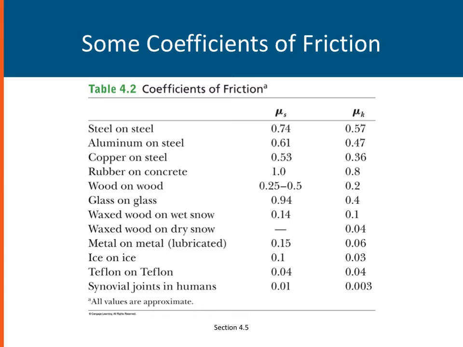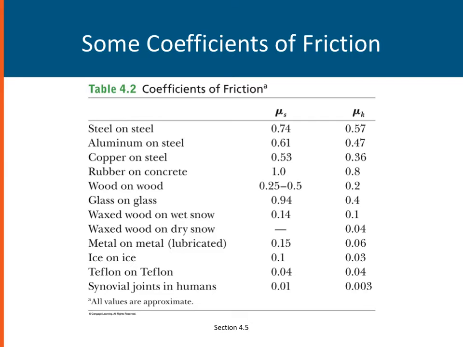Here's a table of a few different coefficients of both static and kinetic friction. And these tables are empirically derived. They're found through trials and trials and trials of experiments. And so there's no nice way to come up with these with an equation.